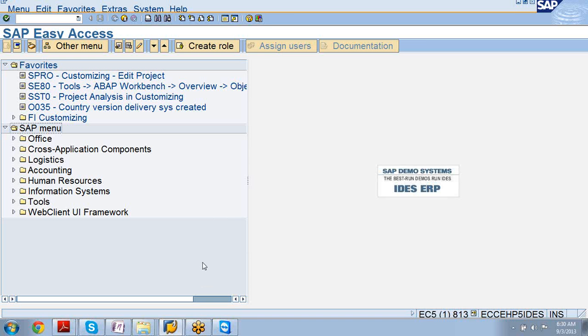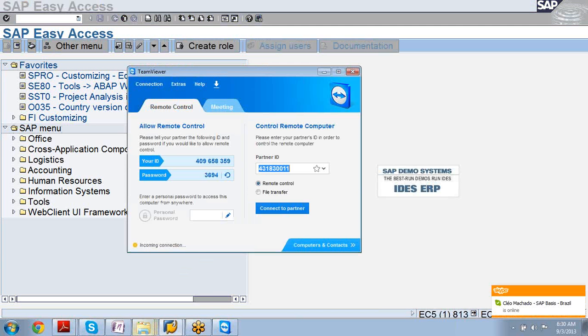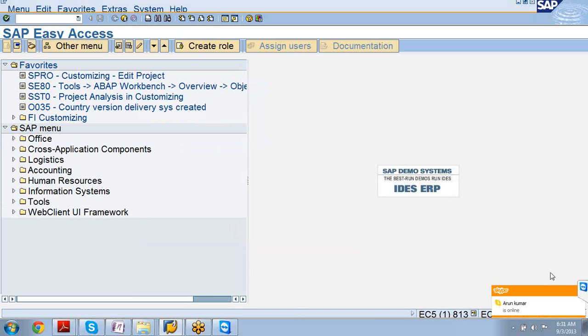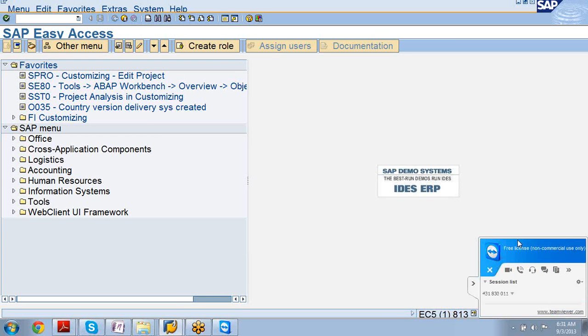Control data. Example is IMG, implementation guide. The acronym of IMG is implementation guide. Then SPRO.